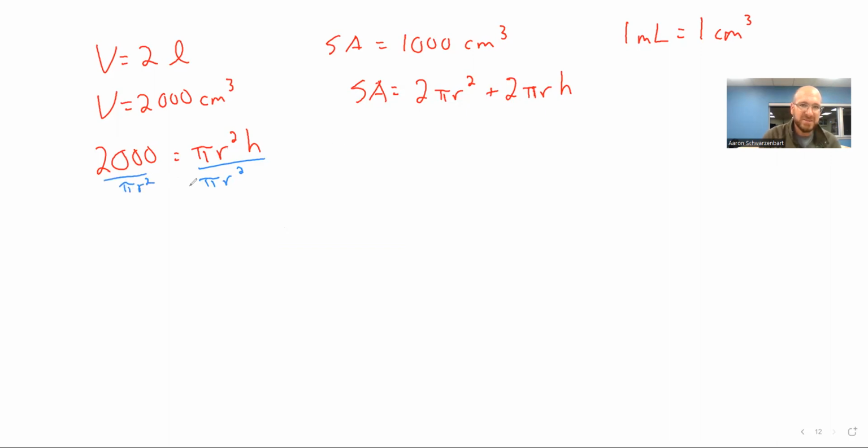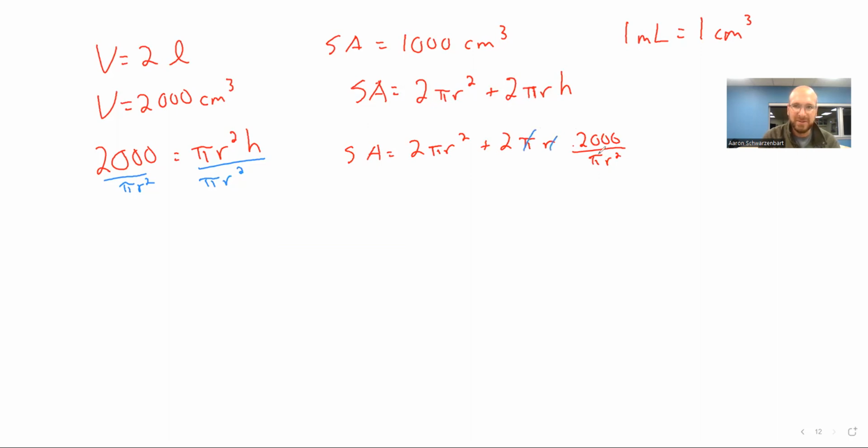And then I'm going to substitute that into the surface area equation. I can do a little simplifying here.